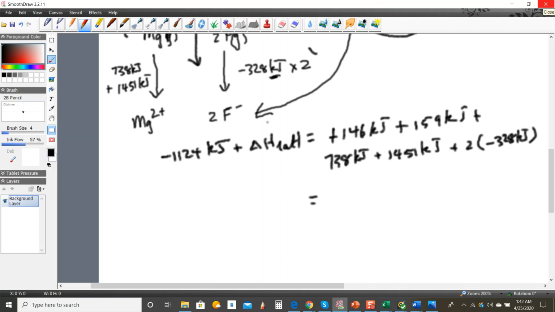That's 146 plus 159 plus 738 plus 1451 plus 2 times minus 328, and that works out to be 1838 kilojoules.